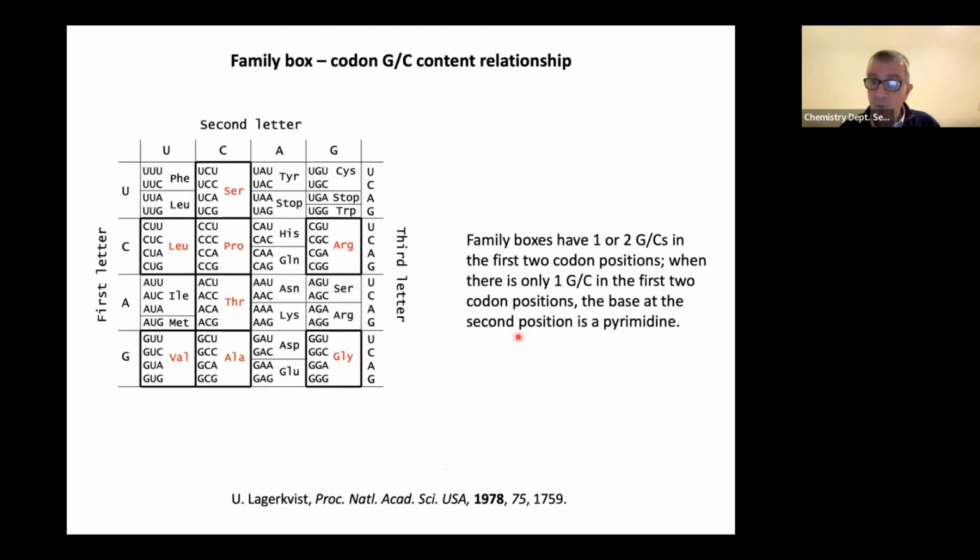It doesn't explain why amino acids are assigned to the codons that they are. And very briefly, we think that they're assigned to these codons because of a relationship between binding of amino acids and tRNAs, which occupy the so-called family boxes, the fourfold degenerate boxes of the genetic code.